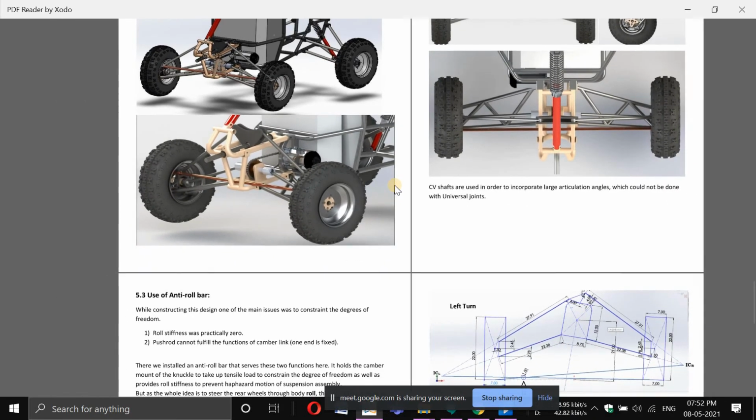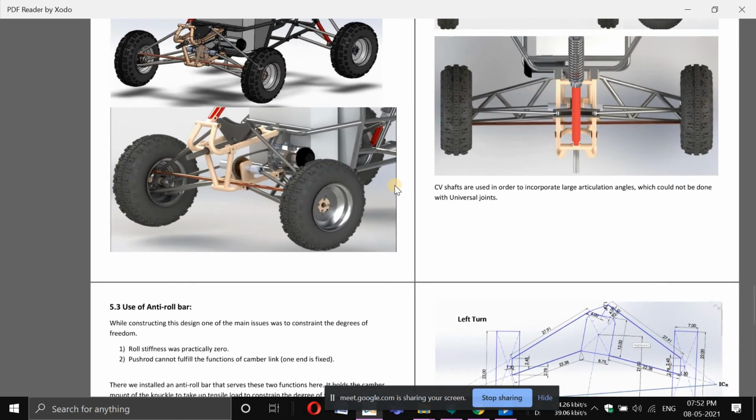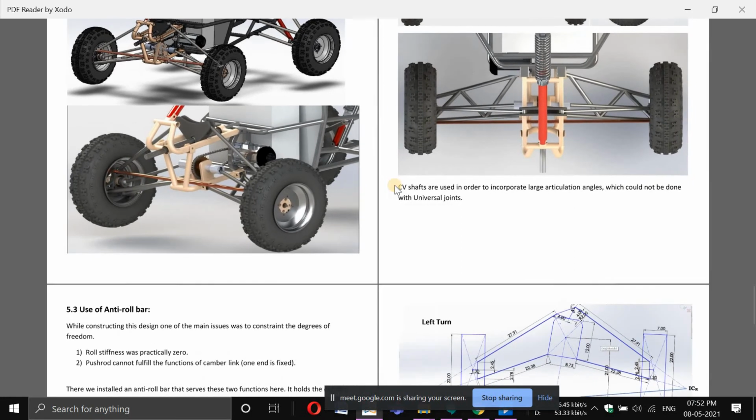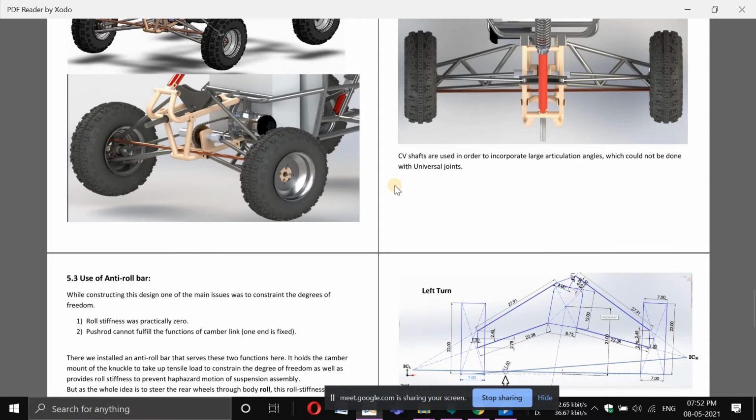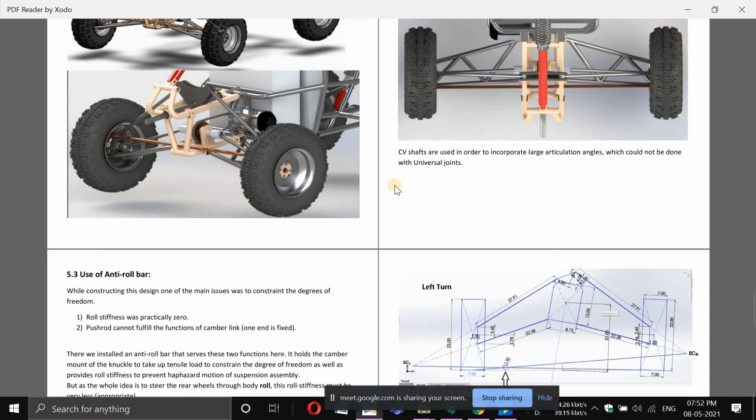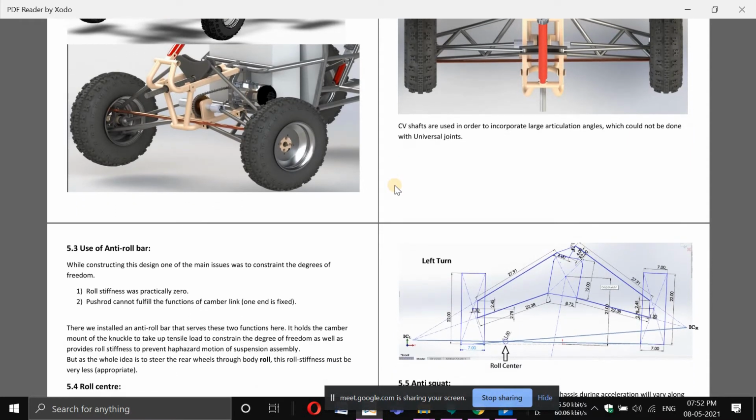So this anti-roll bar is used whenever we feel that the overall roll stiffness of the vehicle is going out of hand. That is, the roll stiffness is very low, and the vehicle is very sensitive towards centrifugal forces while taking a turn. Suppose we are sitting in a car and taking a turn, we feel that the forces could not be controlled. The forces generated are proportional to mass and the height of the center of gravity of the vehicle.